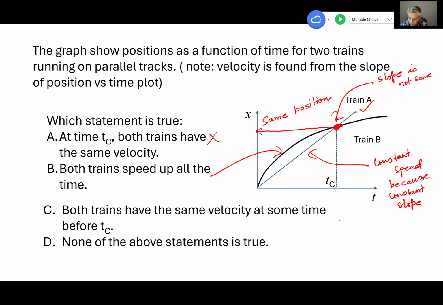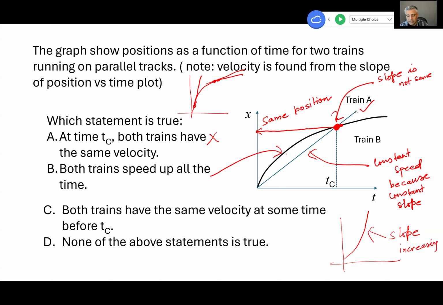We have lines something like this. Over here, we have lines something like this. So if I were to draw a tangent over here, that's going to look like that. And over here, that's going to look like that.